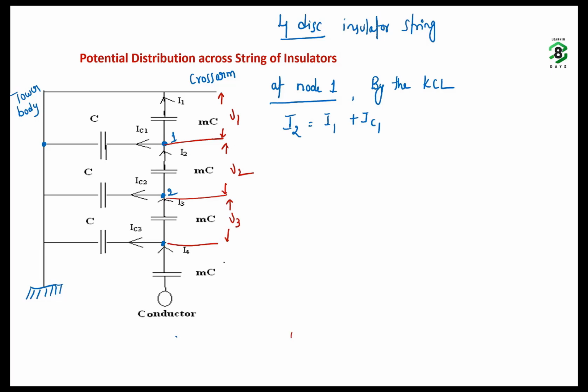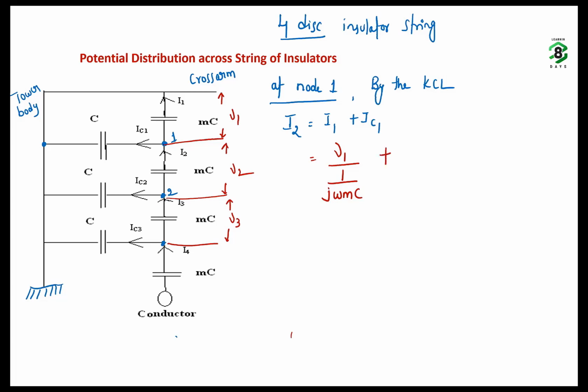Current I1 is given by V1 divided by the impedance of that disk. The impedance of the disk is 1 by j omega mc.